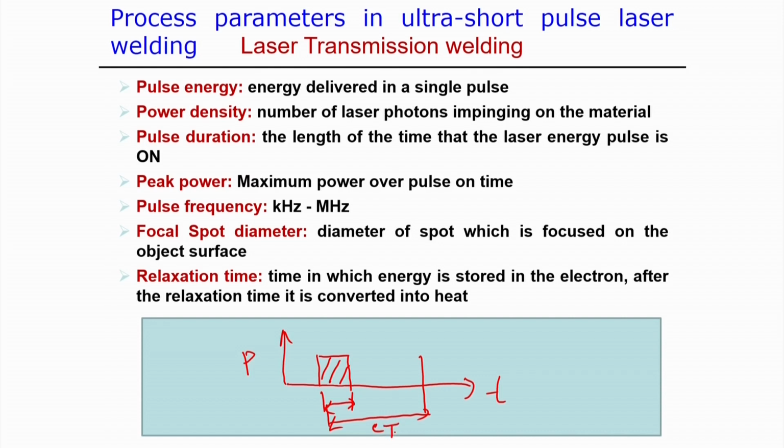If the laser pulse application frequency is f, then the cycle time is 1 by f. Over the cycle time, for some part of the time we apply the pulse, and for the remaining time there is an off time, so there is no application of pulse energy.